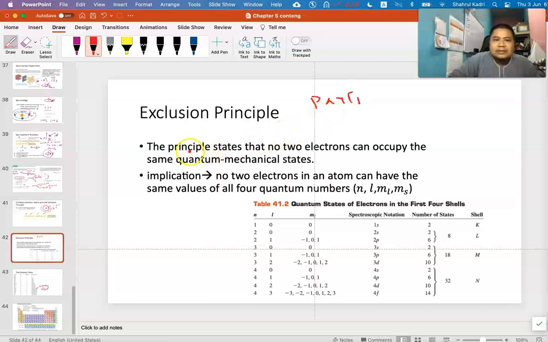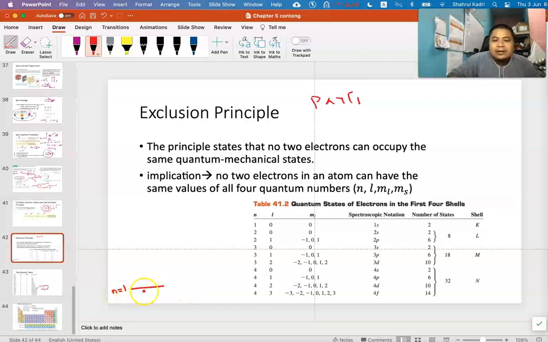The principle states that no two electrons can occupy the same quantum mechanical state. We have learned that the lowest, the ground state of any atom, is n equal to 1.